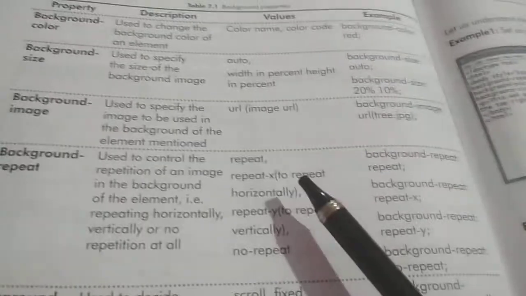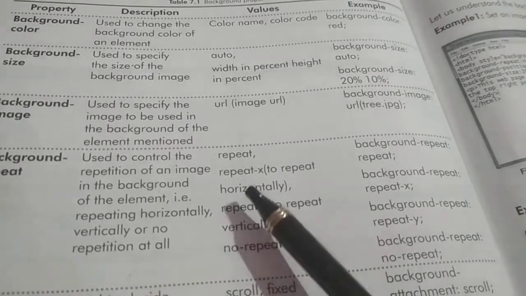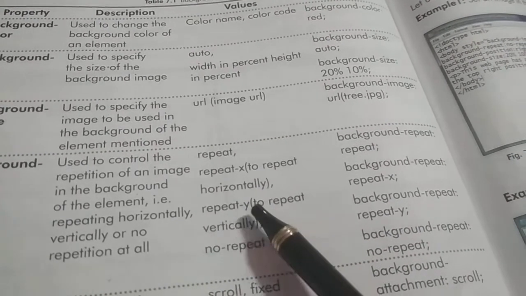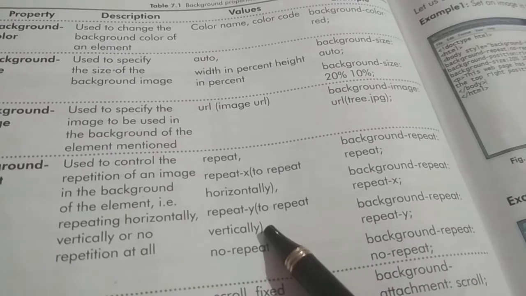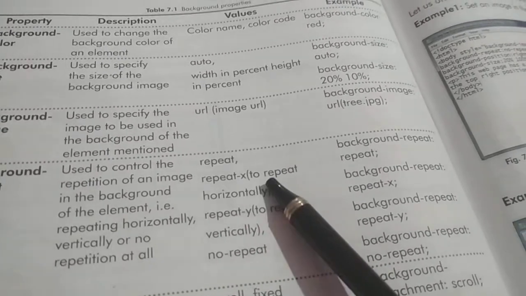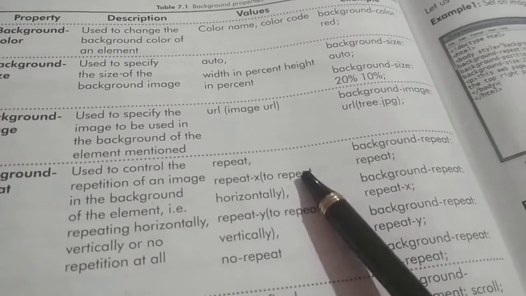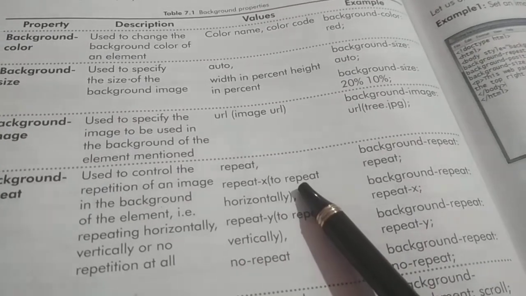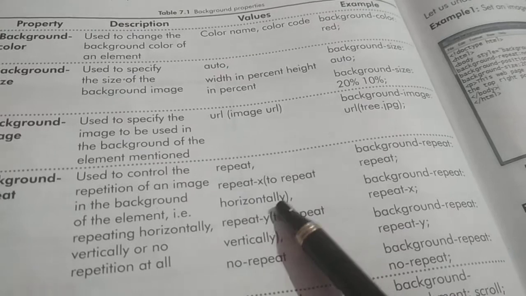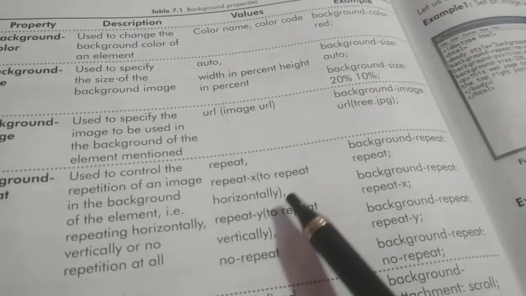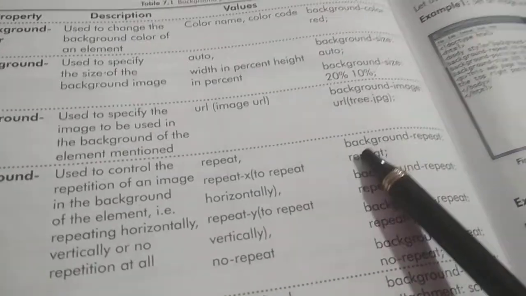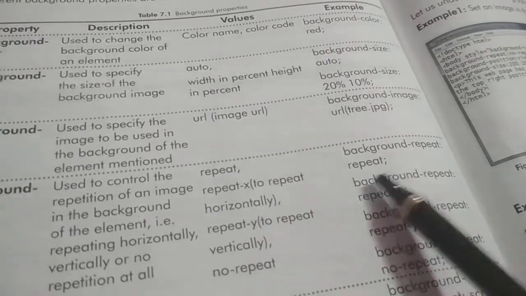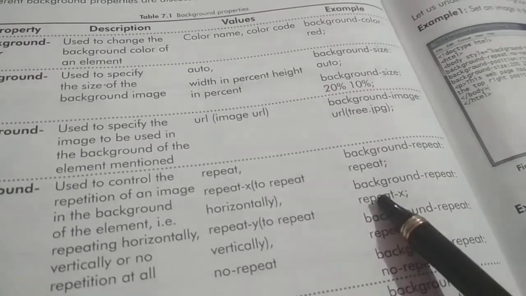What is the value of it? Repeat x to repeat horizontally, repeat y to repeat vertically, no repeat. That means we are using the X-axis and Y-axis to repeat it, axis wise. Now what is the example of it? Background repeat colon repeat.